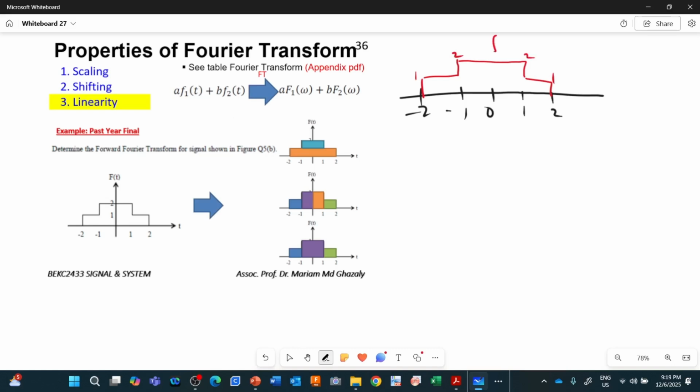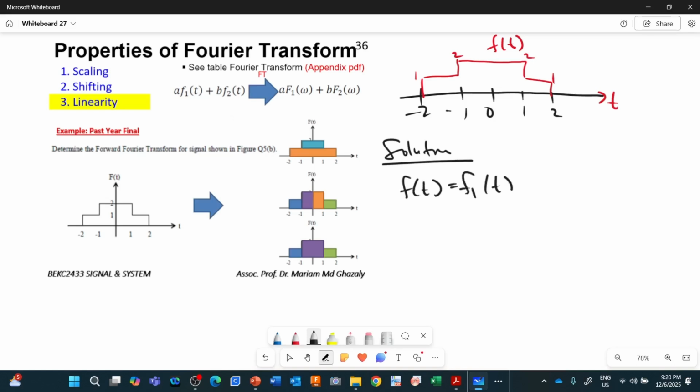So this is given by FT. Okay, so how you do it is you're going to split this FT, solution, FT equal to F1T plus F2T.